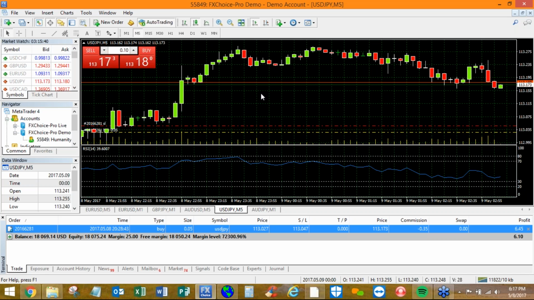So we can restrict the parameters and increase the percentage of success, or we can broaden the parameters and decrease the percentage of success. So it's based upon what we'd like out of it.